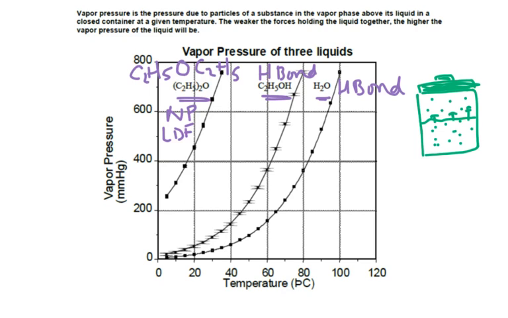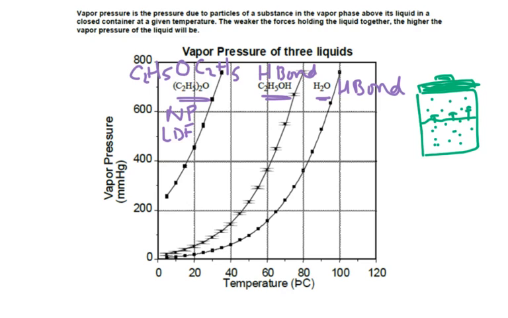So looking at the diethyl ether, since it has London dispersion forces, it has weak intermolecular forces. This is going to cause little attraction between the liquid molecules, and so therefore more of them will go into the gas phase at any particular temperature. So they're going to have more vapor at any given temperature.